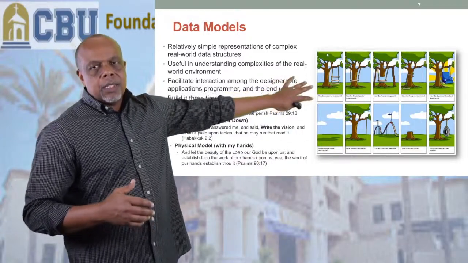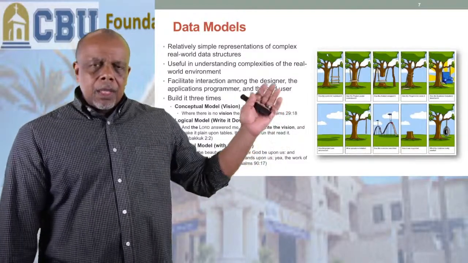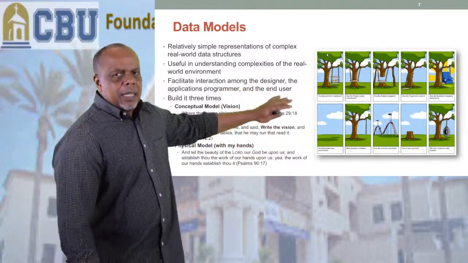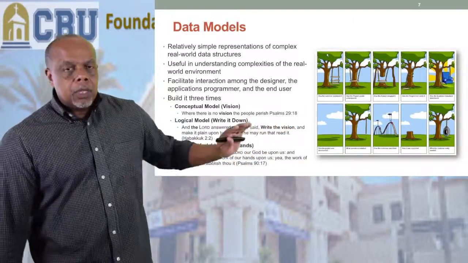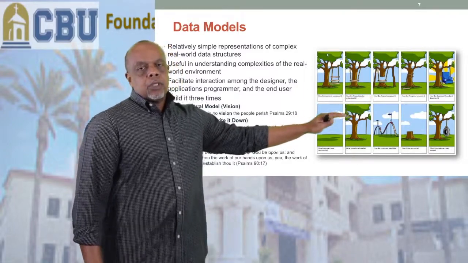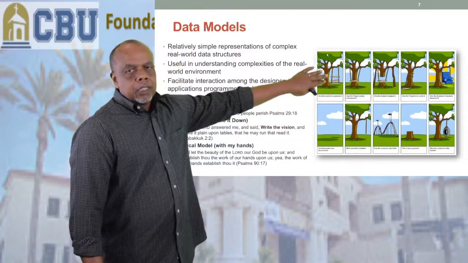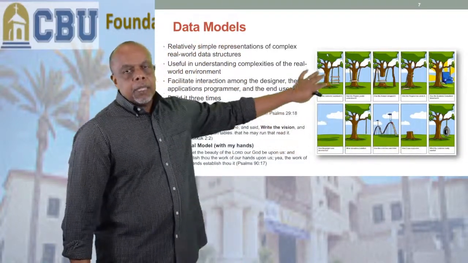It starts with: this is what the customer asked for. This is how the department developed it, and it just goes through the whole thing. I'm not going to read all those. But without a data model, data and information can be misrepresented. So what the customer said versus what the customer actually wanted can be completely different.